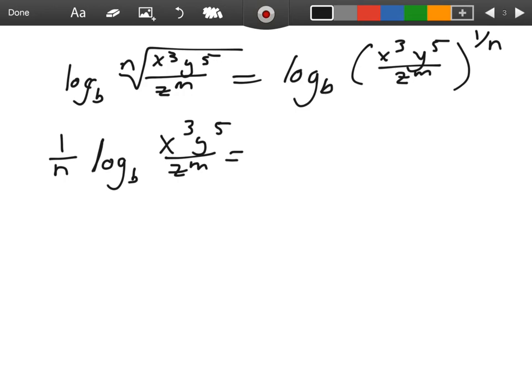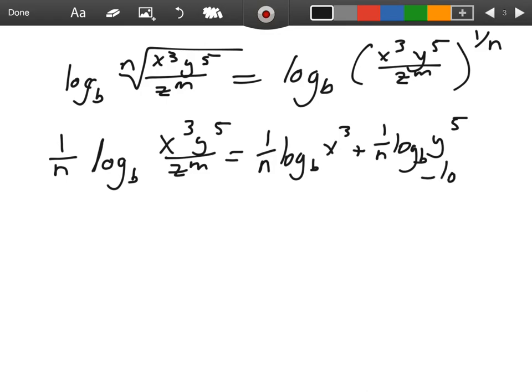I can split that up 3 ways. Do plus with the y, and then subtraction with the z.